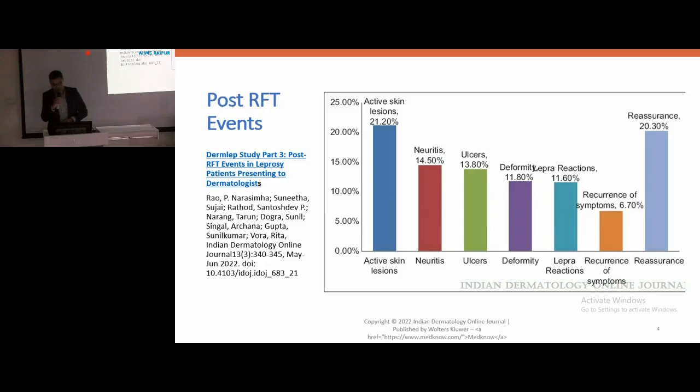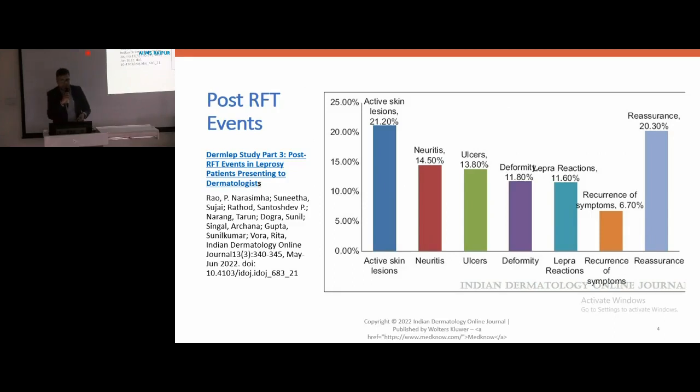6% of them had recurrence of symptoms, and about 20% of leprosy patients come back to us for reassurance. Many times, as the morning speakers have elaborated, they become psychologically dependent on multi-drug therapy. They think that if they don't take MDT, the disease is going to worsen.